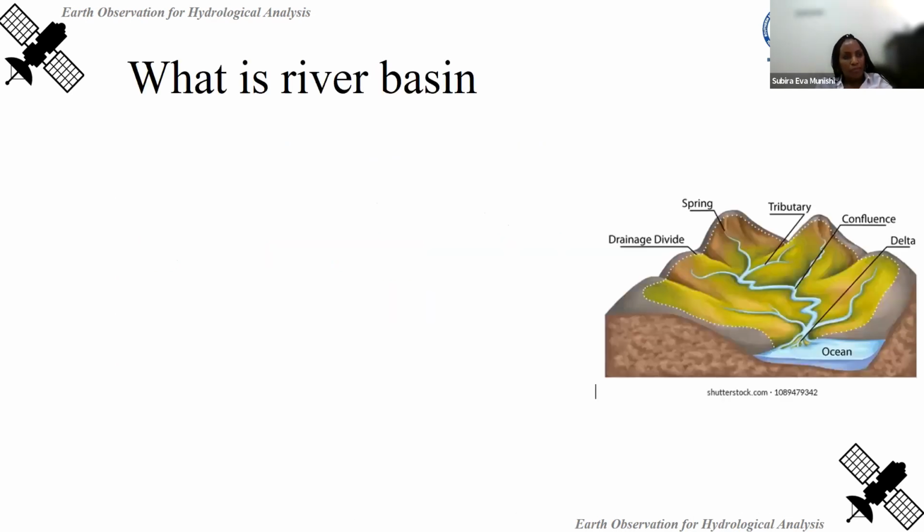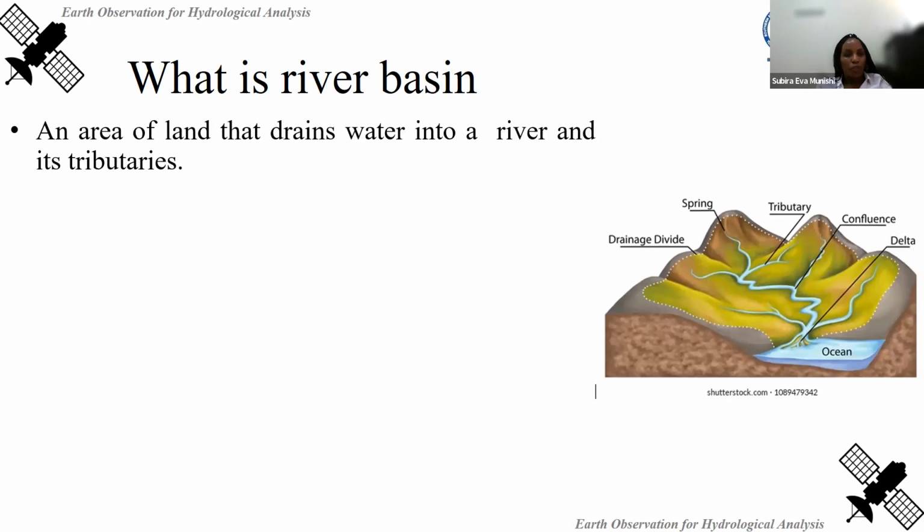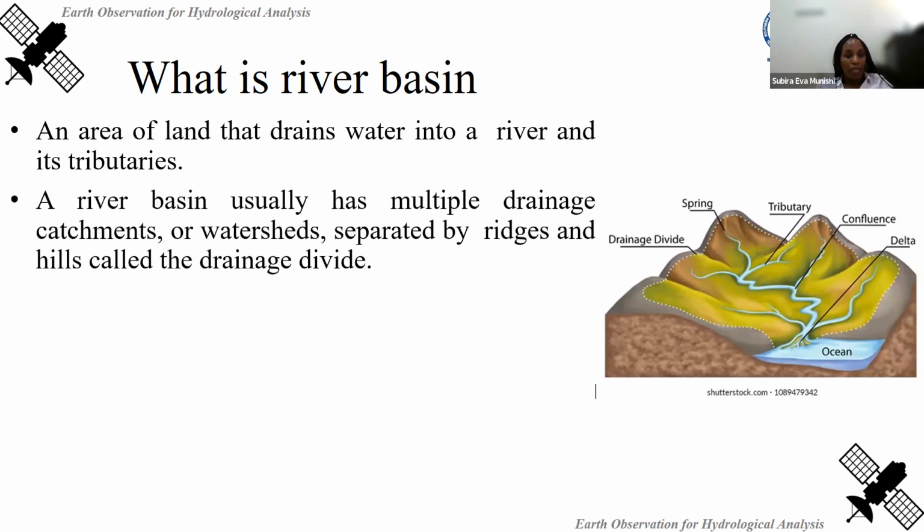What is a river basin? We are looking at land that drains water into a river and its distributaries. Whenever we say a river basin, that's what we mean. Normally we expect to have multiple drainage catchments and watersheds that are separated by ridges.